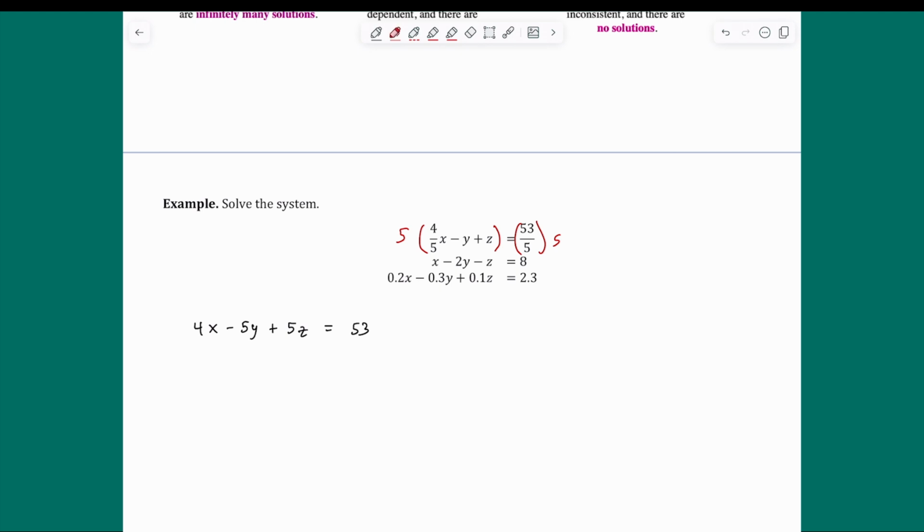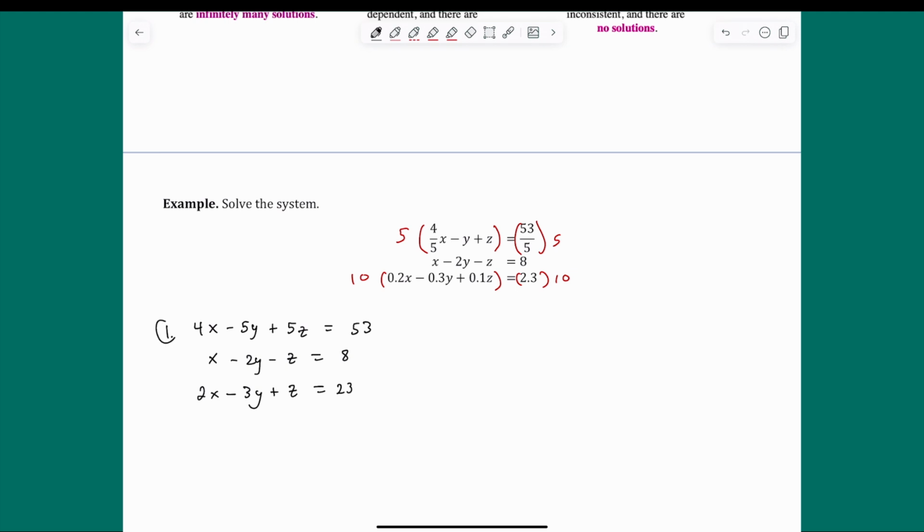All right, the second equation here I'm going to leave alone. I'm just going to call that x minus 2y minus z equal to 8. But the third equation here, I'm going to multiply both sides of this equation by 10 so that we could get the new equation, 2x minus 3y plus z equal to 23.